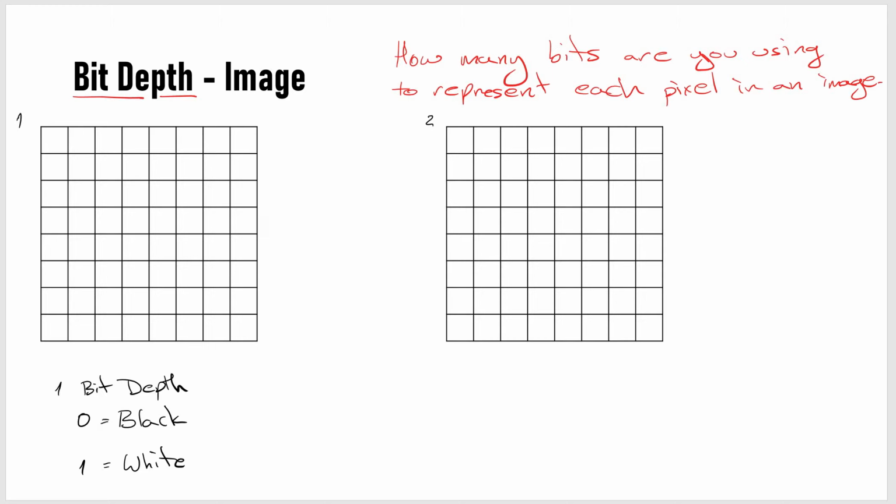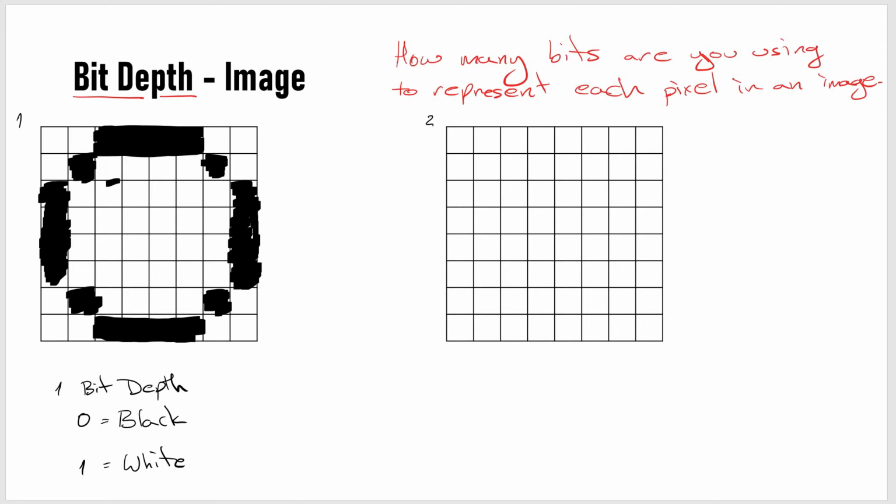So using this as our base for our image, so 1 bit depth, we can create something like this, like so. And then we'll draw the eyes, and let's draw the mouth here as well. Now I cannot add any more color to this.